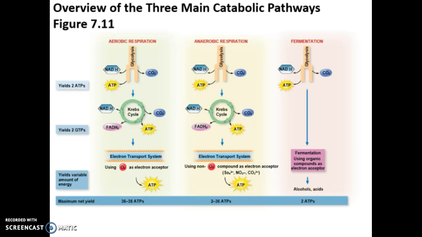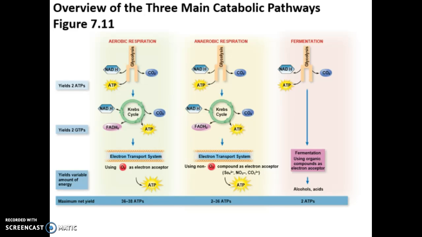All right, so all three of these are going to have one common feature, and that's going to be the process of glycolysis. Glycolysis doesn't produce a whole lot of energy, all right, just 2 molecules of ATP. And it's going to produce 2 molecules of ATP regardless of what overall pathway you're looking at.